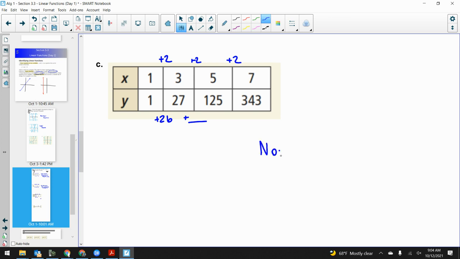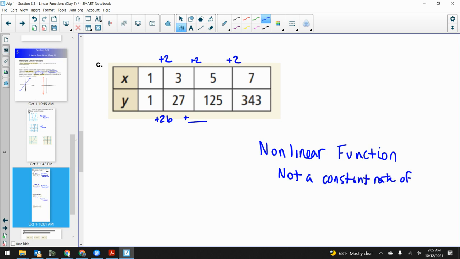It'll matter later on when we move past linears. It's not linear. It's still a function. Okay? It's a nonlinear function. And what makes it not linear? Not a constant rate of change. Where? In y. Good. Not a constant rate of change in the y values.